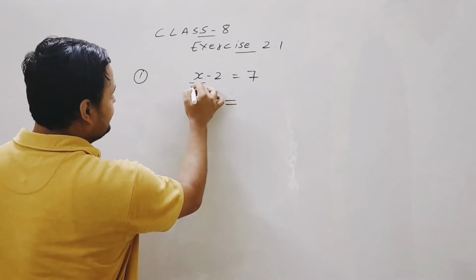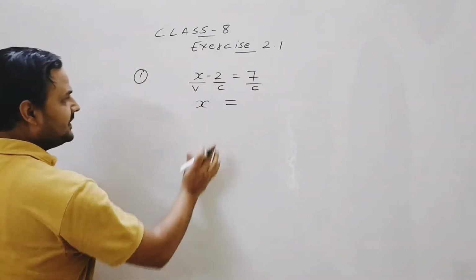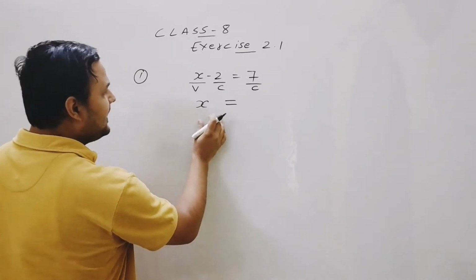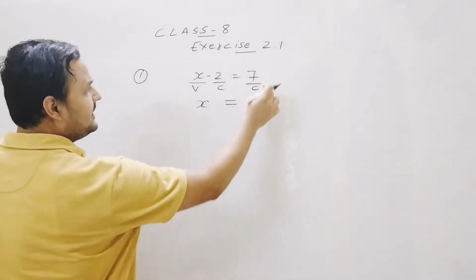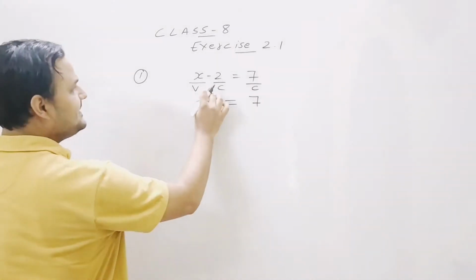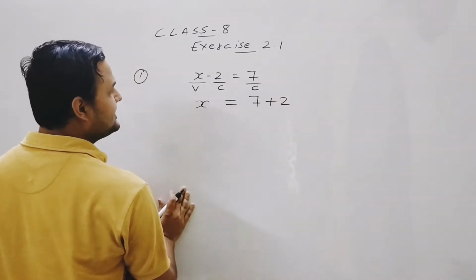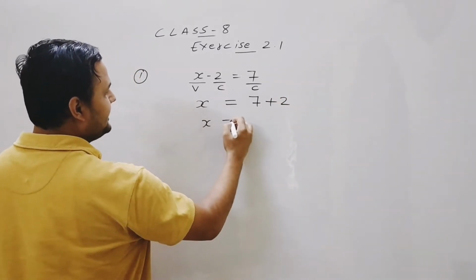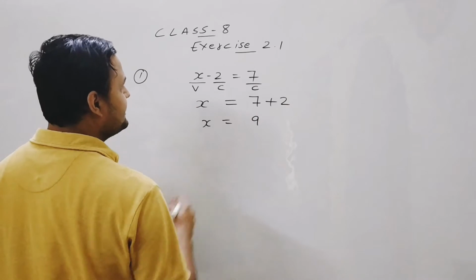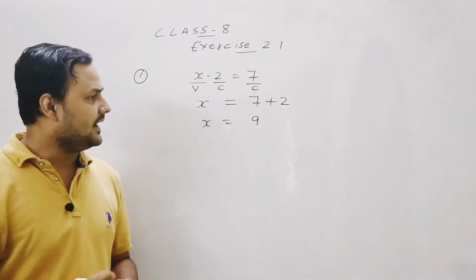So x is the variable, and 7 and minus 2 are constants. This 7 is already on the right hand side. This minus 2 will go on the right, it will be plus 2. So x equal to 9.